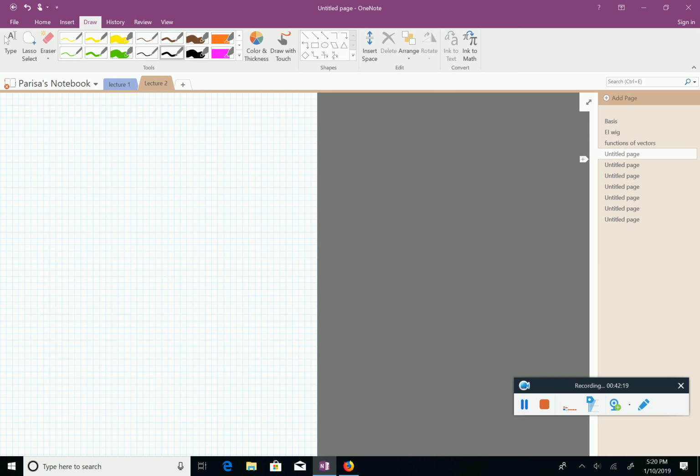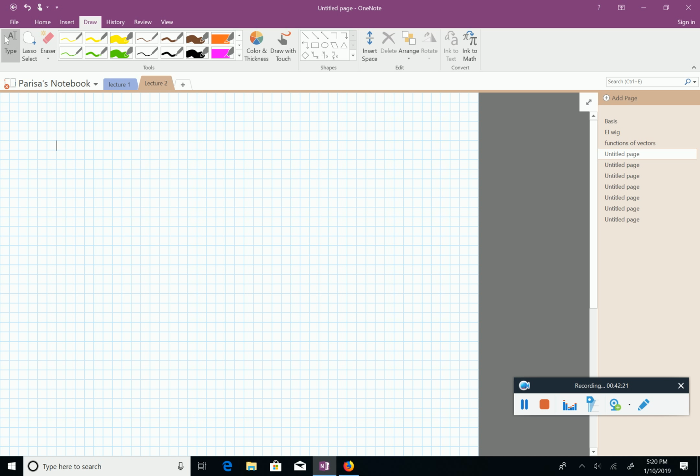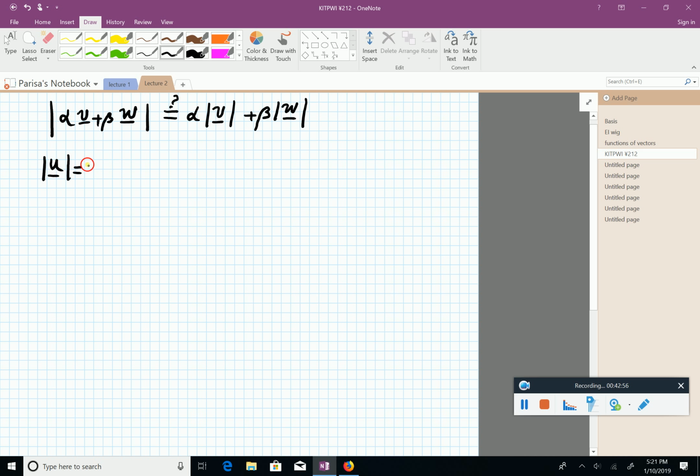So the left-hand side would be the magnitude of, did I use V and W, I think, yeah. Right. And this is obviously not true. As you know, the magnitude of a vector, you can use the dot product.